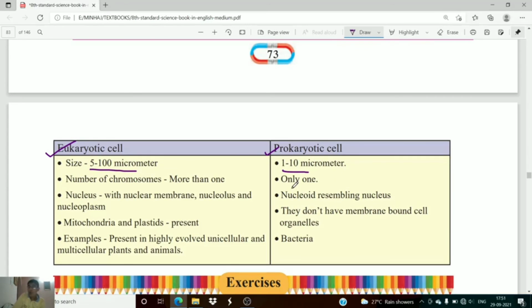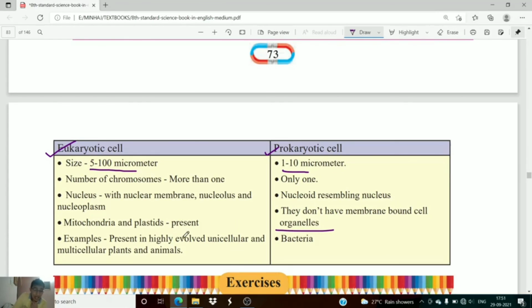There is no true nucleus present in a prokaryotic cell. Next distinction, mitochondria and plastids are present in the eukaryotic cell, whereas prokaryotic cells don't have membrane bound cell organelles. In a prokaryotic cell you are not going to see any organelle which is membrane bound.